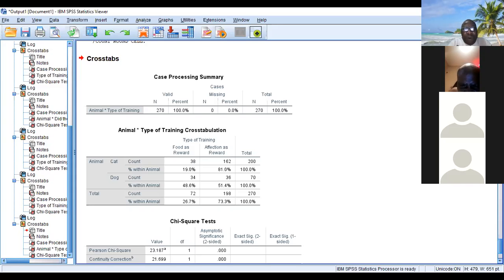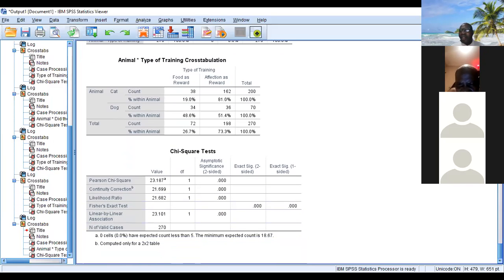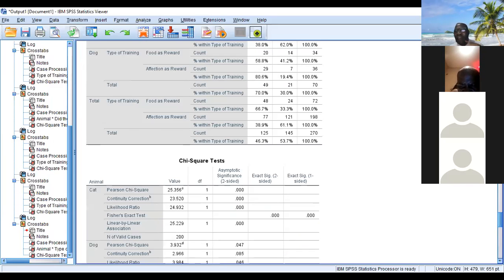No. For both of them, the affection was given more, but the level of food as reward in dogs is higher than in cats. You will see that whichever way we do the analysis, you can see significant results. It's confirming what we read, that at all the levels there are significant interactions.